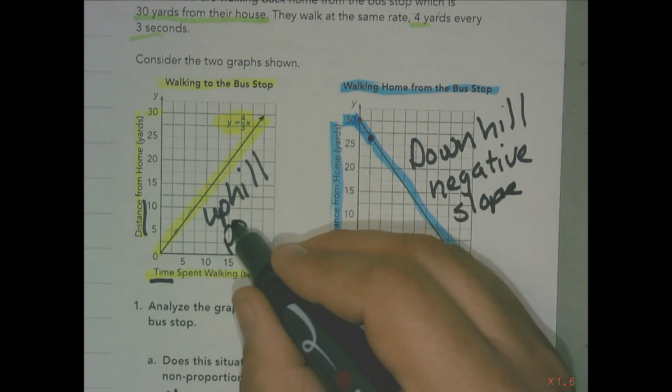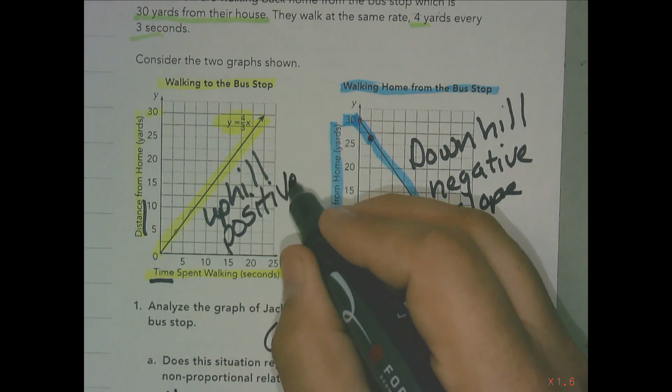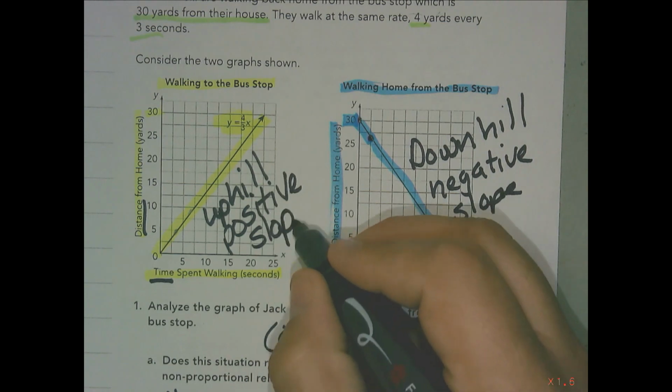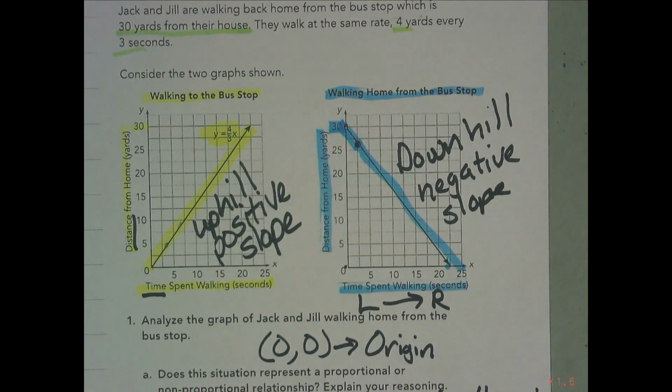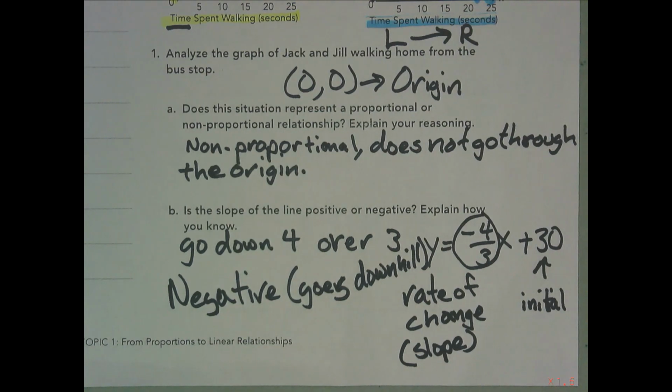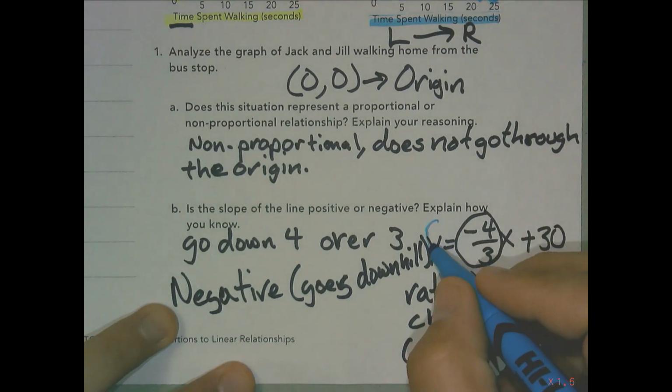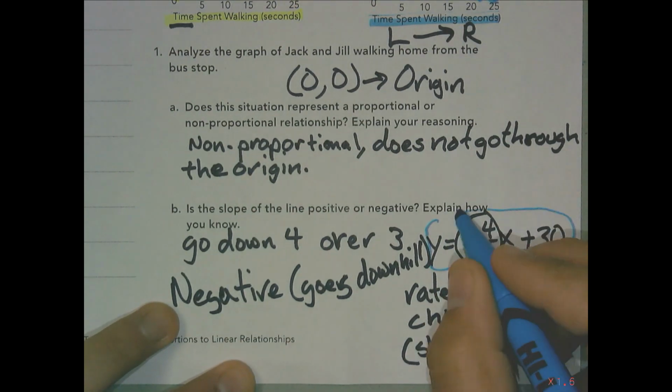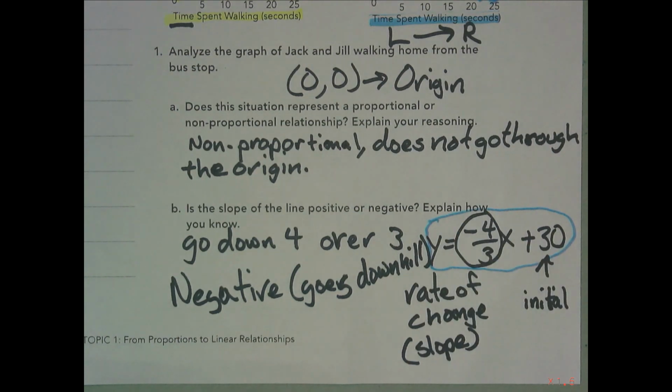And this is a positive slope. So let me put that on the screen so you can write it down. So it goes downhill, so it's a negative slope. Our equation for that line is y equals negative 4/3 x plus 30. Now I just gave that to you, but we're going to derive that. We're going to draw that conclusion all by ourselves.